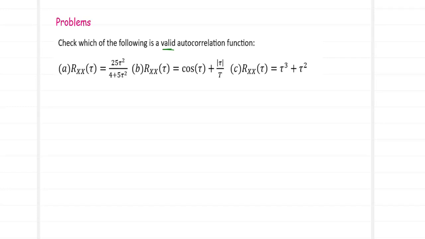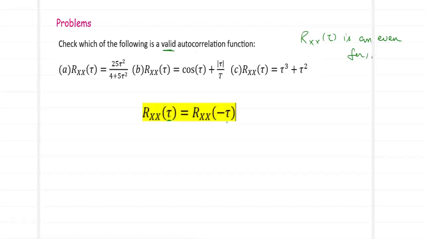The property we know is that the autocorrelation Rxx of tau is an even function. So what happens when it is an even function? Rxx of tau equals Rxx of minus tau. If this property is verified for all three of them, then I can suggest whether each one is valid or not accordingly.